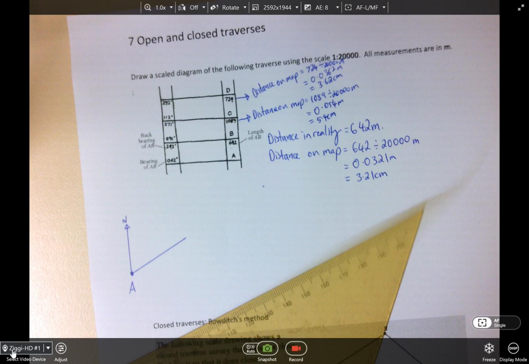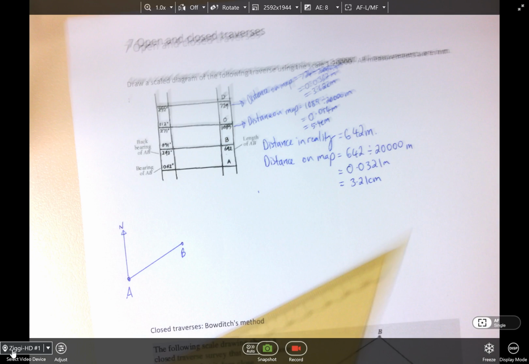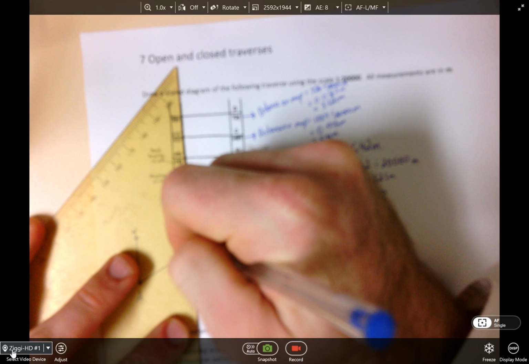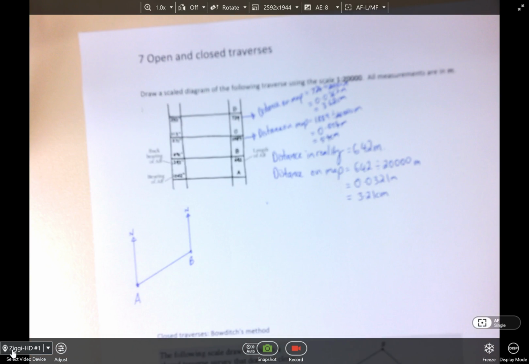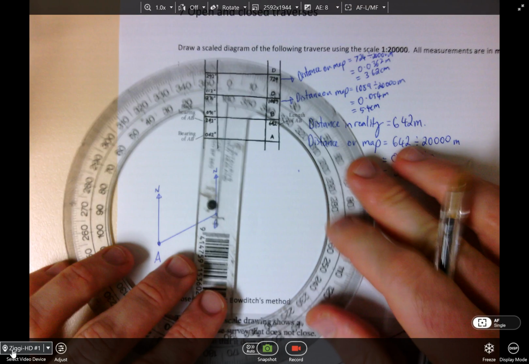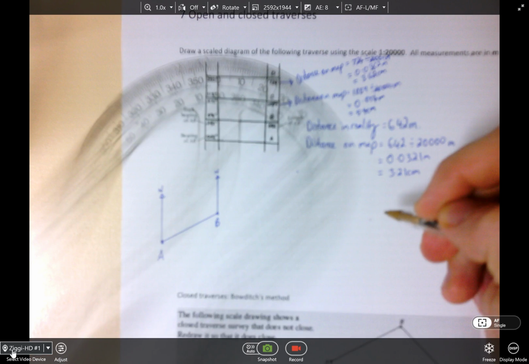Okay, I'm now at point B. I'm going to do the same thing now from point B at a bearing of 91 degrees. And 91 degrees.